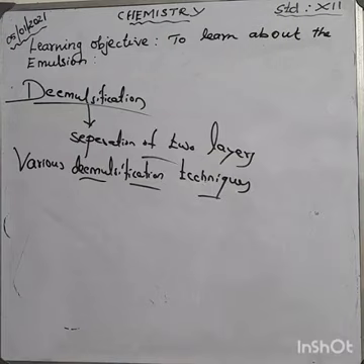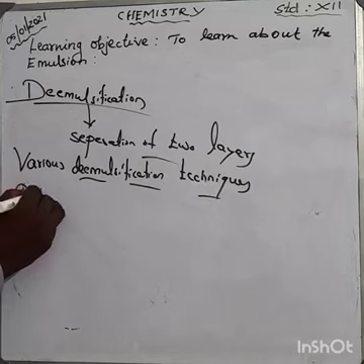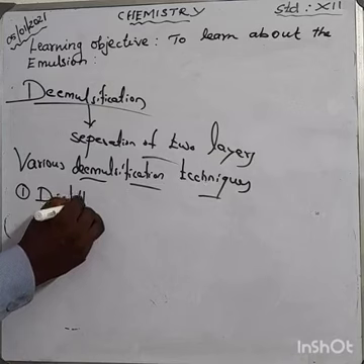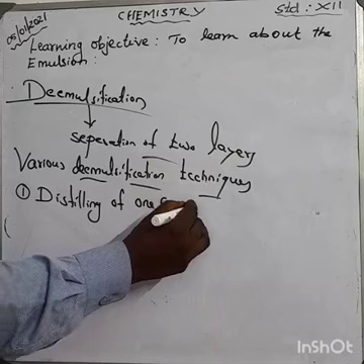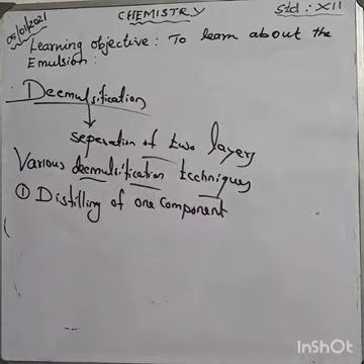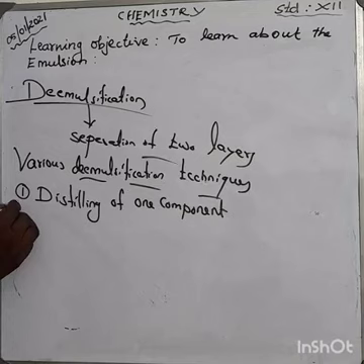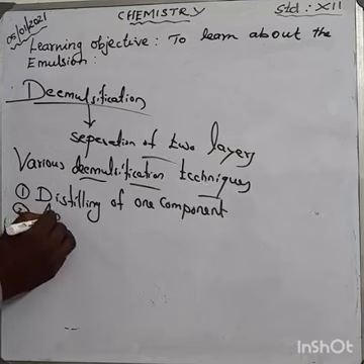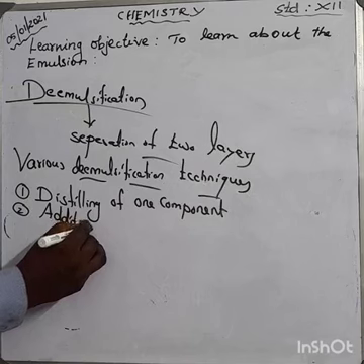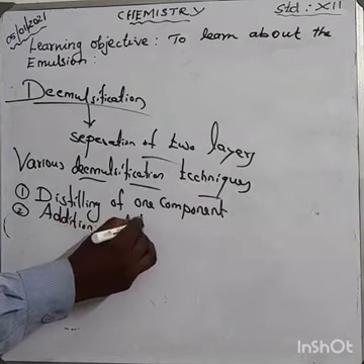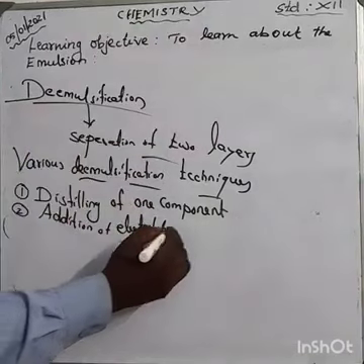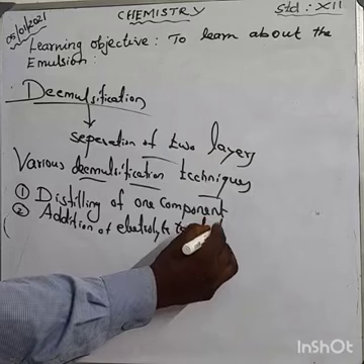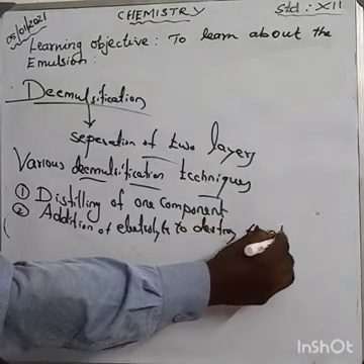First one is distilling of one component. Second point is the addition of an electrolyte to destroy the charge.